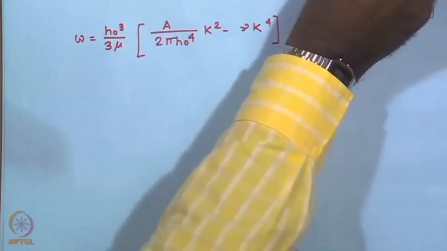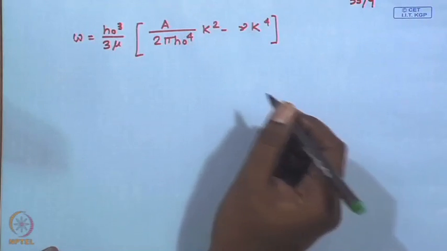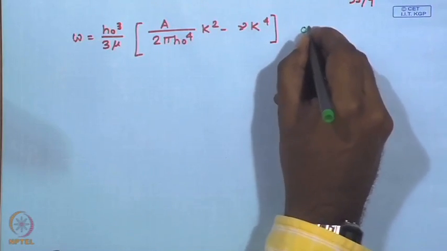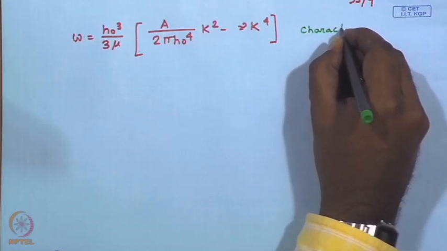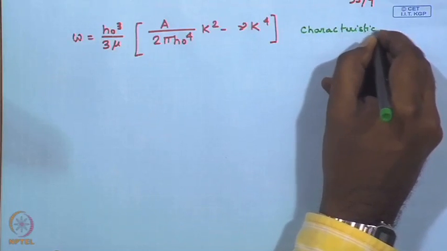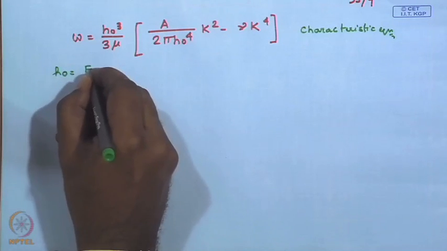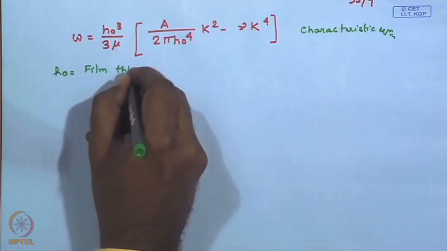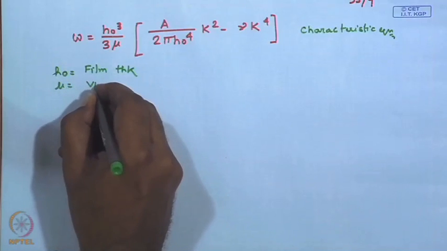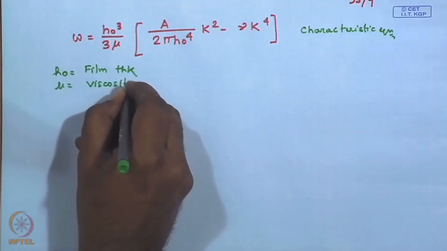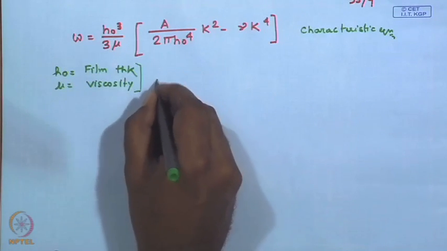Therefore, let us now examine the expression of omega carefully. You see, H0 is the film thickness, mu is the viscosity, so these two are always positive.